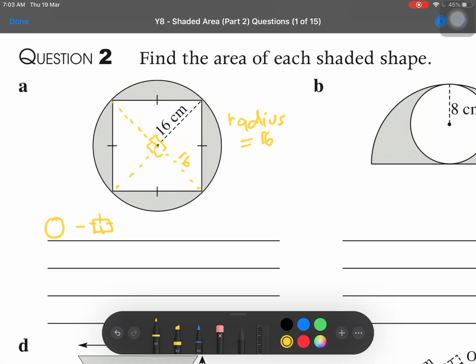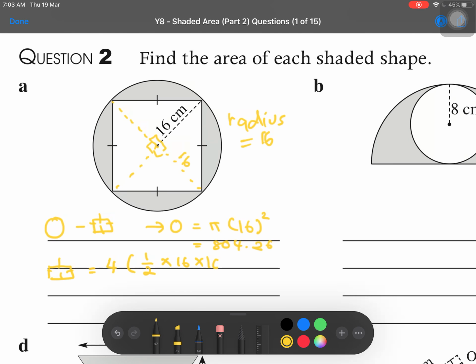Okay, let's do the circle part first. So the circle part is a straightforward pi r squared. Okay, that's all. And this will give us 804.26, correct to 2 decimal places. And for the square, it's actually made of 4 triangles. So 4 times, and you apply the formula for the triangle.